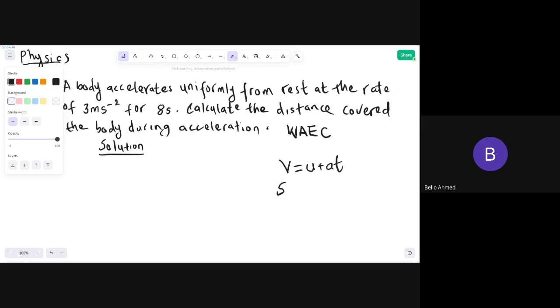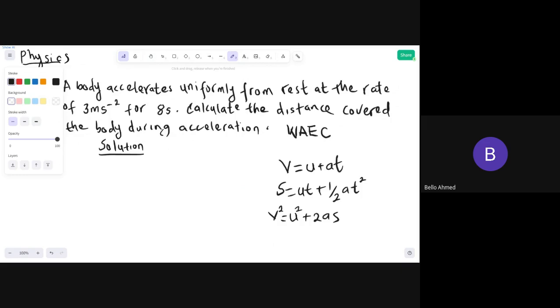S equals UT plus half AT squared. We also have V squared equals U squared plus 2AS. These are the equations of motion that we are going to be using.